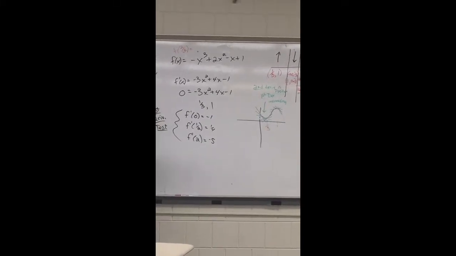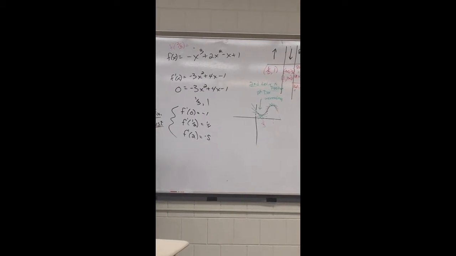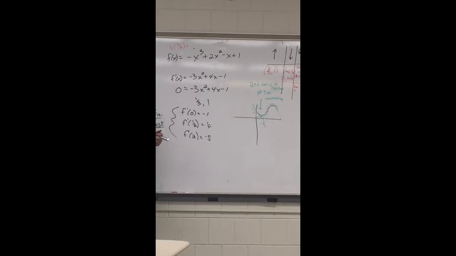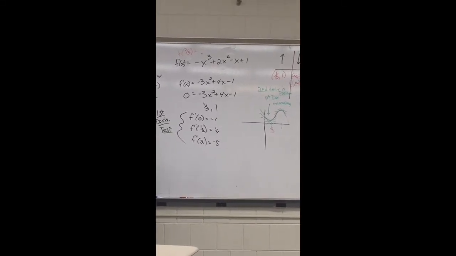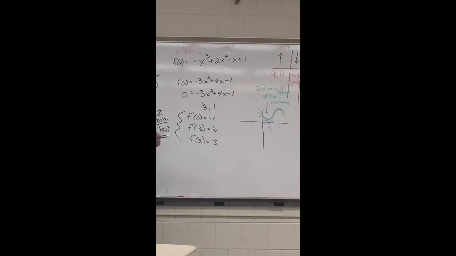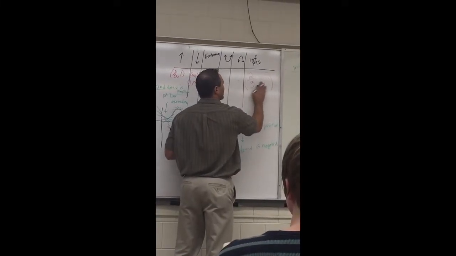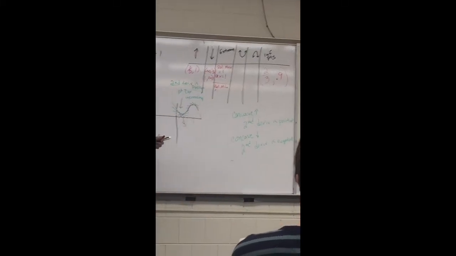Negative 1/27 plus 2/9 minus 1/3 plus 1 is? Did you get it in your head? No, me either. Well, I lied, it's 0.9. This one was 0.9? Also 0.9. Okay, because the negative and the negative.